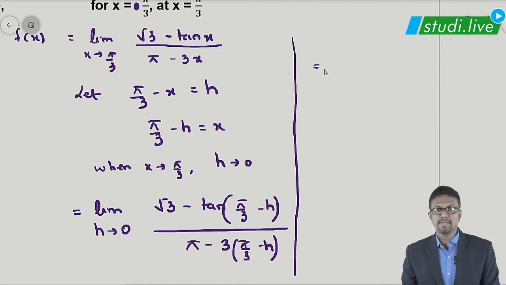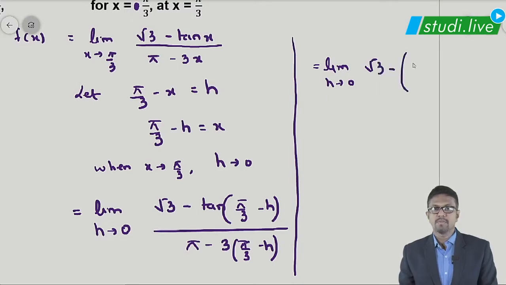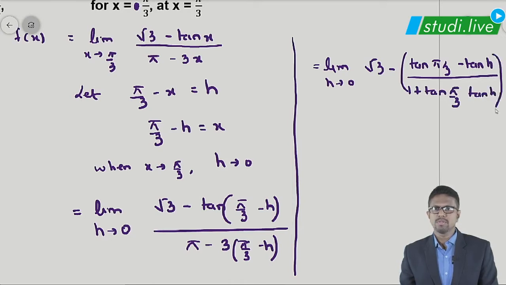So this is now limit h tends to 0 of root 3 minus tan a minus b. What is this? This is tan a minus tan b upon 1 plus tan a into tan b. Upon, when I multiply this 3 inside the bracket over here, I will get pi minus 3 into pi by 3, minus into minus will be 3h.